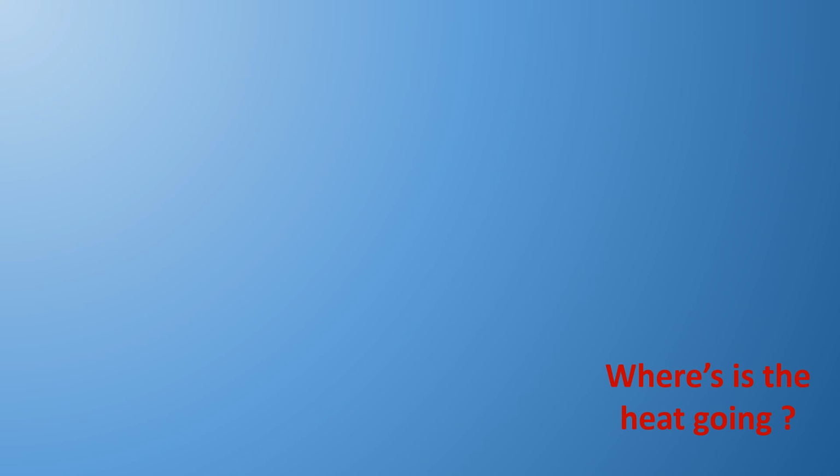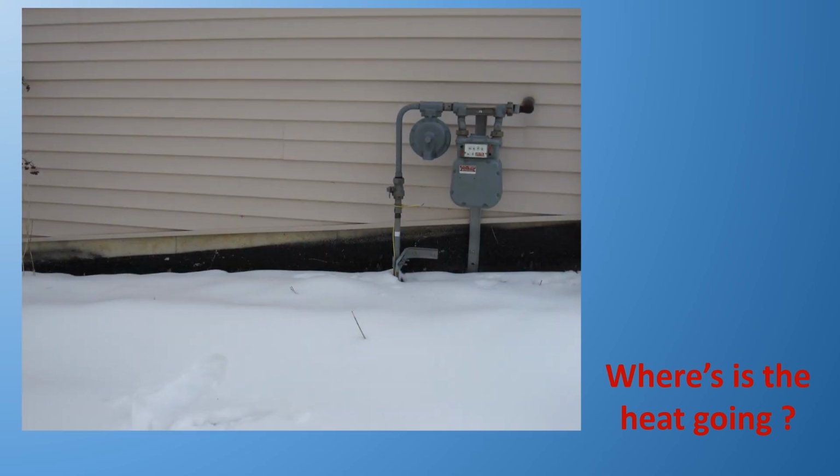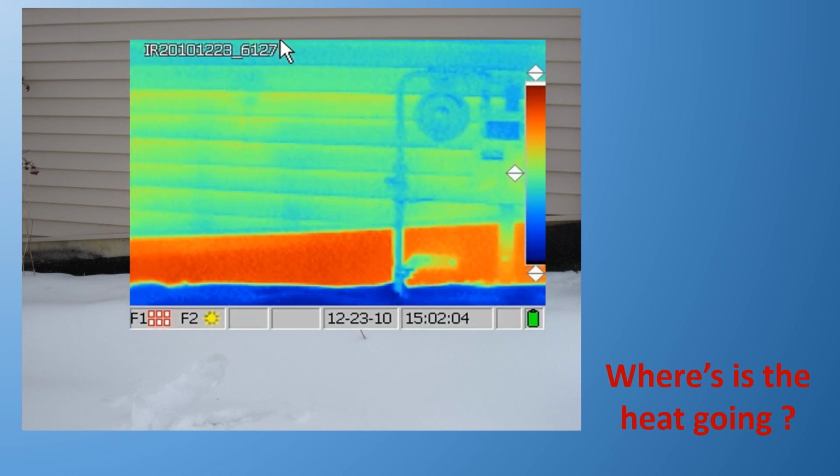Where's it going? I'm sure you're going to ask that question. Let's step back and look at it a little bit differently. Ooh, thermal imaging. Now, to give you an idea, that's heat going outward through the foundation. That's where heat is going. So you understand something: in thermal imaging, anything in the blue to black is very cold, and anything in the red to white is warm.